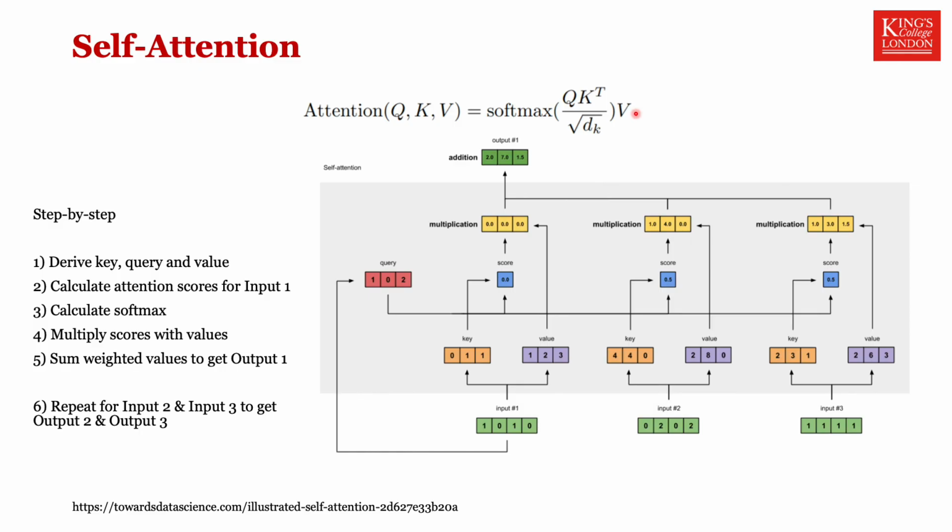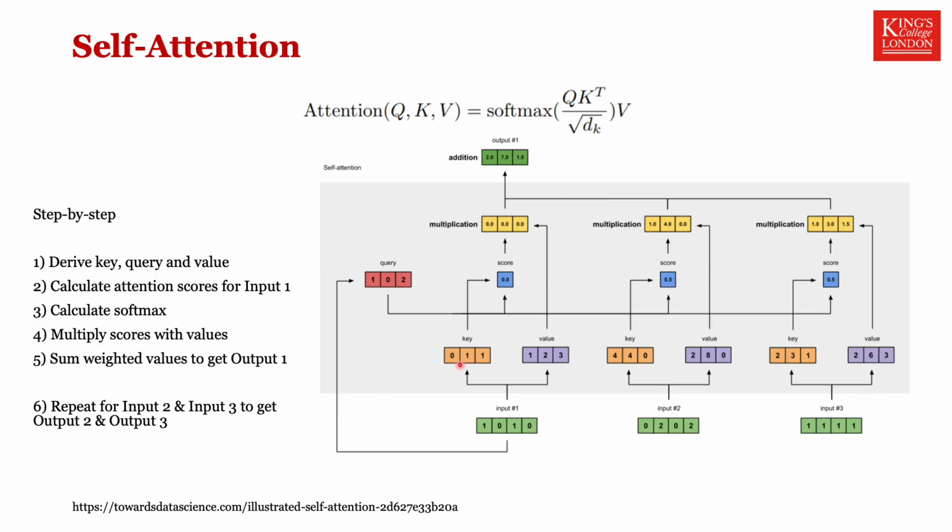Okay, so what does this attention mechanism actually look like? Given a specific input, we're trying to predict what the key value looks like. The key value is then combined with the query.